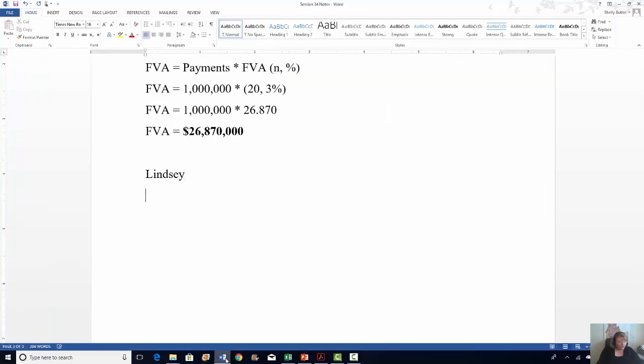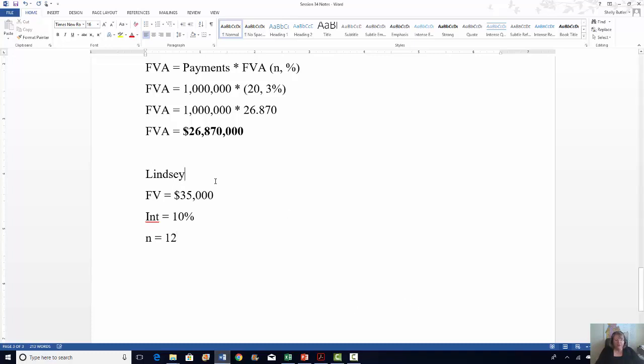Okay. So now we have the payment is equal to $35,000. And the interest rate, 10%. And the N is 12 years.